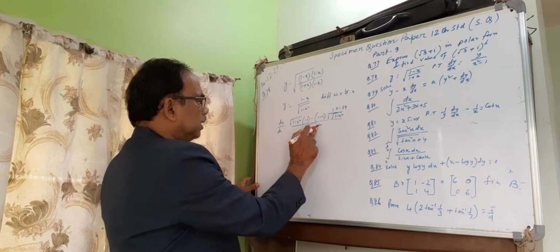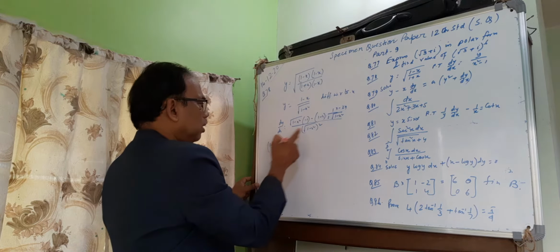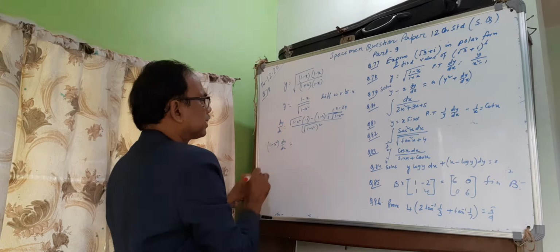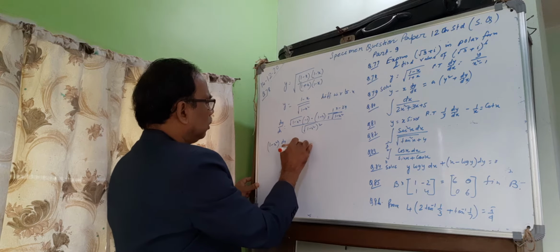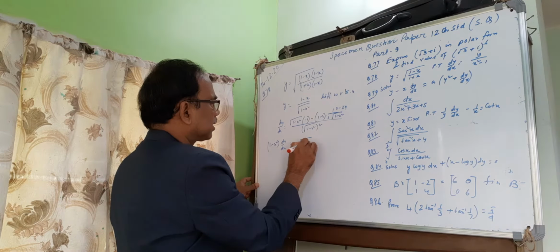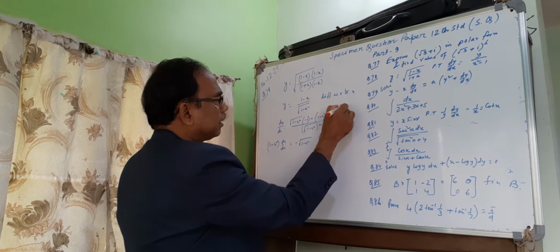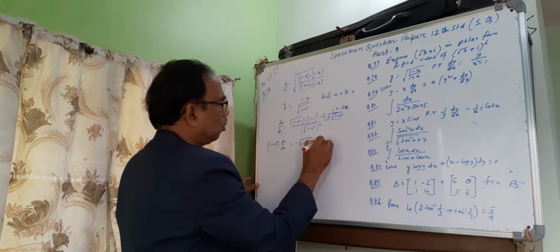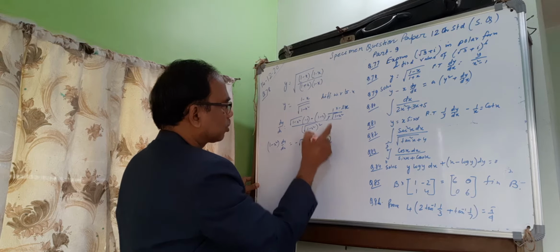Now the square root is removed on the left-hand side, that is 1 minus x square, dy by dx equals minus root over of 1 minus x square. This minus and this, the 2 cancelled, is 2x. This should be plus (1 minus x) by root over of 1 minus x square.